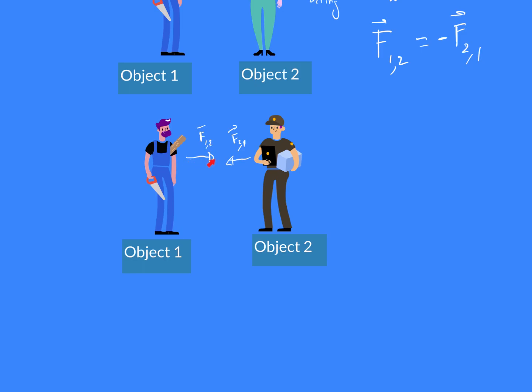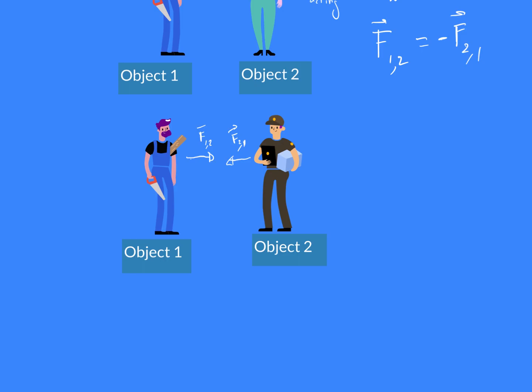So what it means is that necessarily, according to the third law of Newton, the force acting on 2 due to 1 is going to the left. So this is the fundamental thing of the third law.